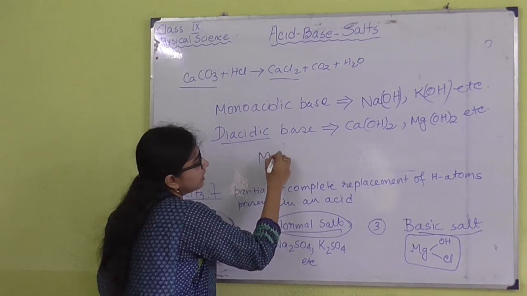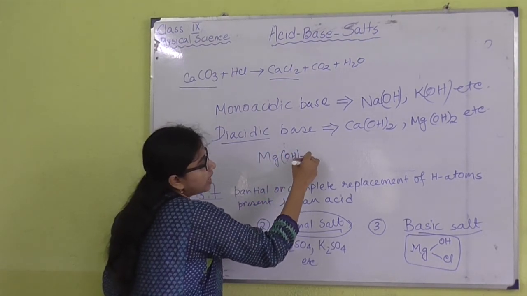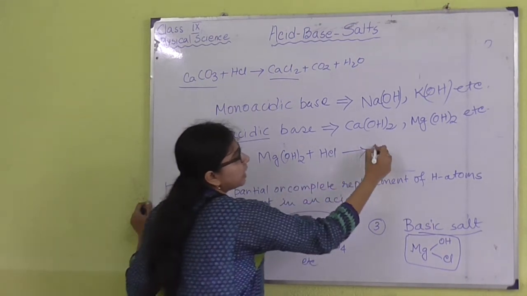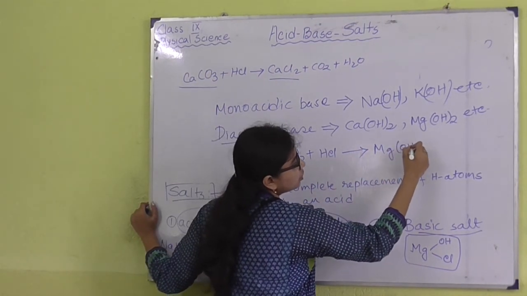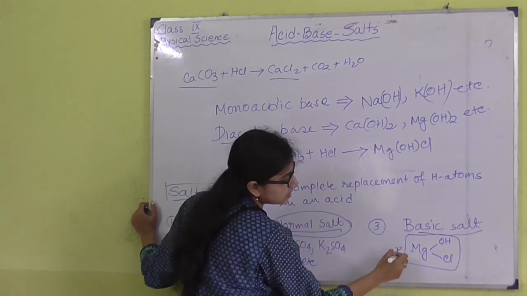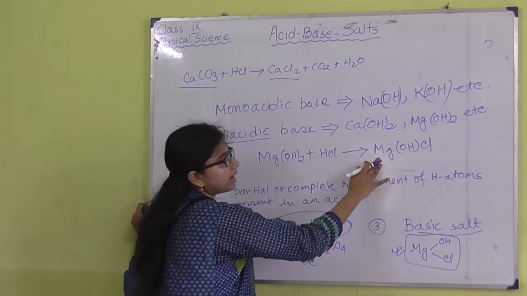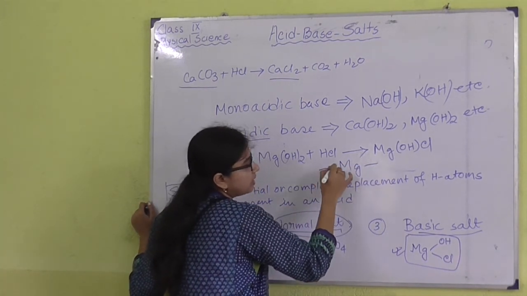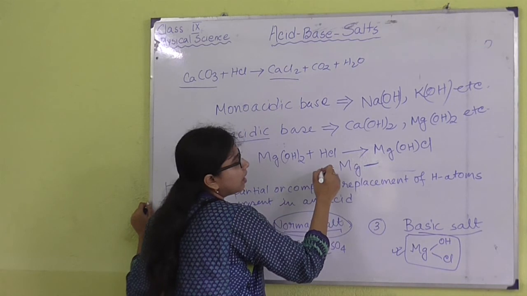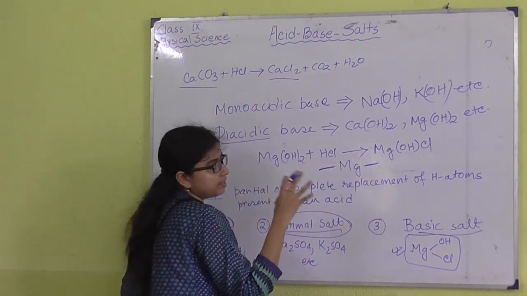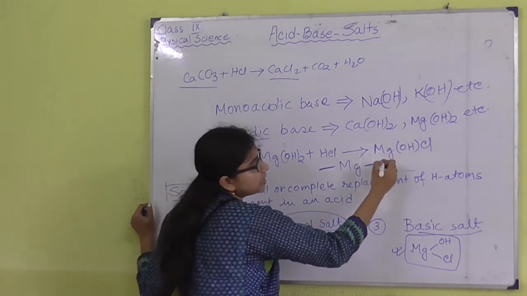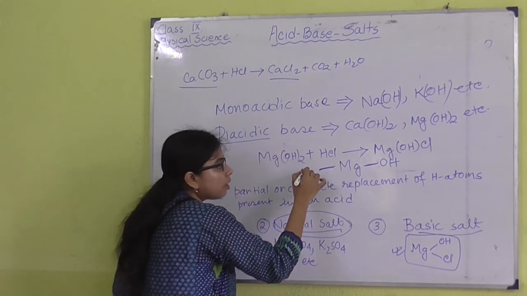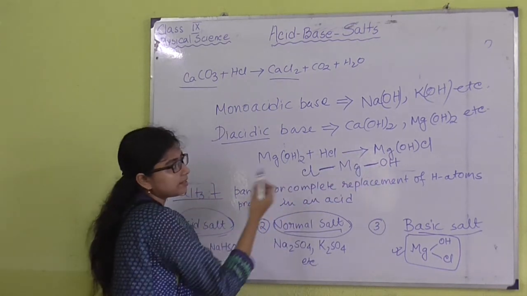Now if this magnesium hydroxide is reacted with HCl, then it will form MgOHCl. That means this compound will be formed because magnesium is divalent in nature, that means it will contain 2 components, of different or same kind. One component will be this hydroxyl group, another component will be this chloride, that is Cl.